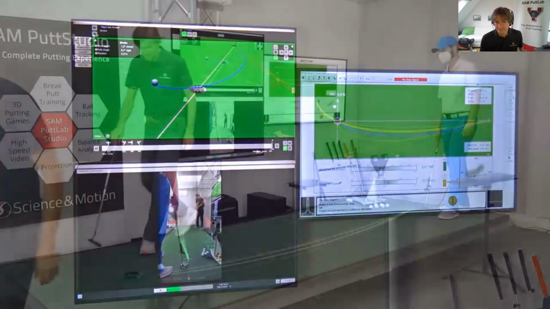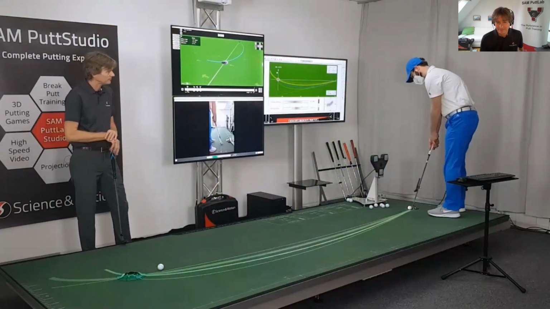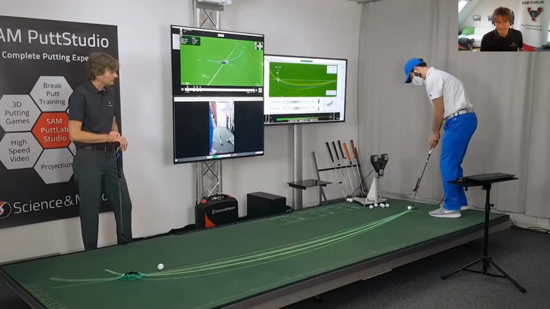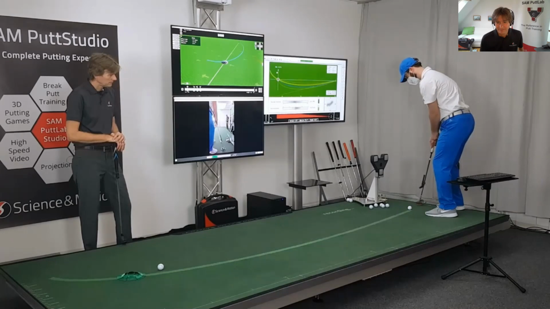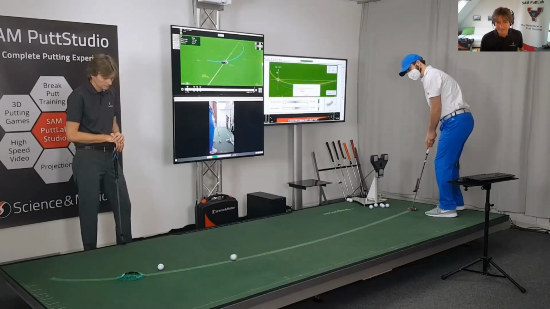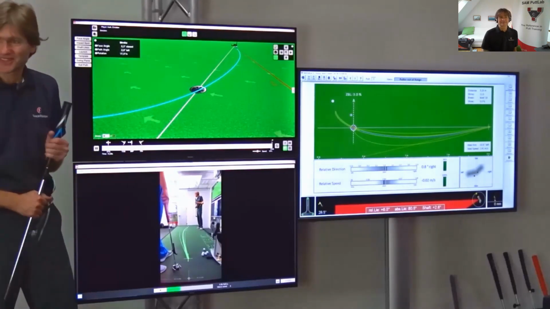Can you play another putt, please? You need to wait until ready and then you can go. I think this putt was already perfect.